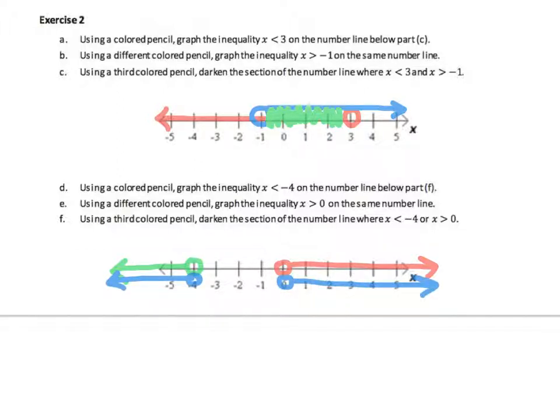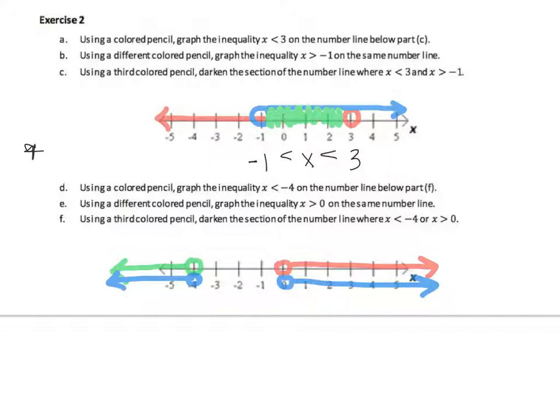Interesting, right? Cool. Now, if I actually look at this and try to write my final answer, if I look at the first part of exercise 2, it looks like -1 to 3 with an x in the middle is my solution. So x is bigger than -1 and x is less than 3.